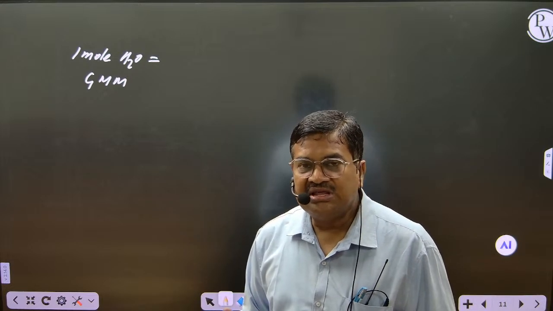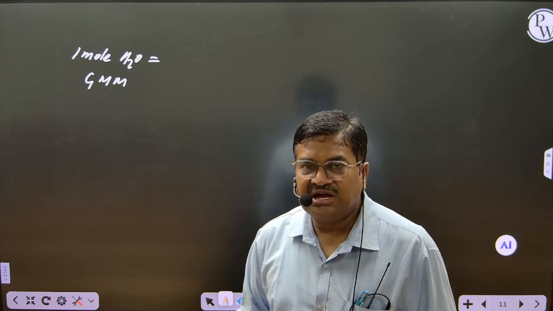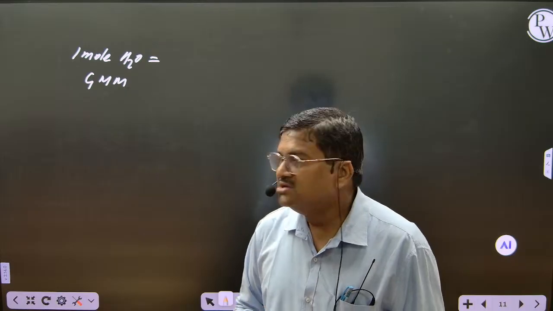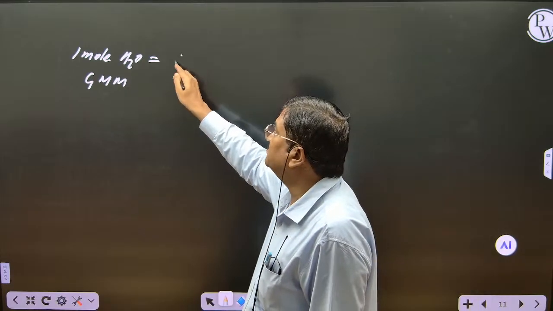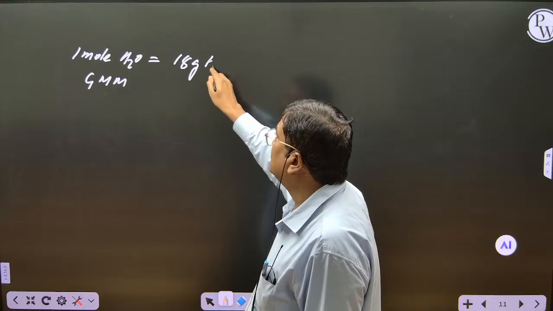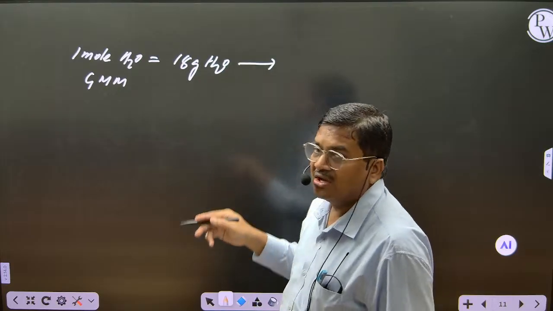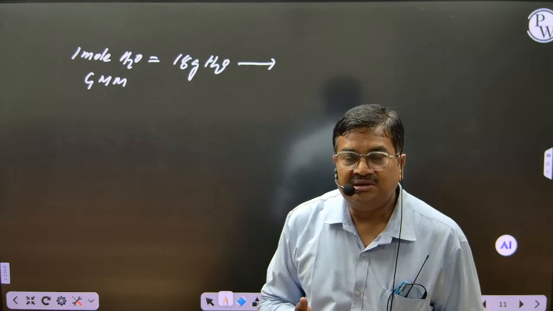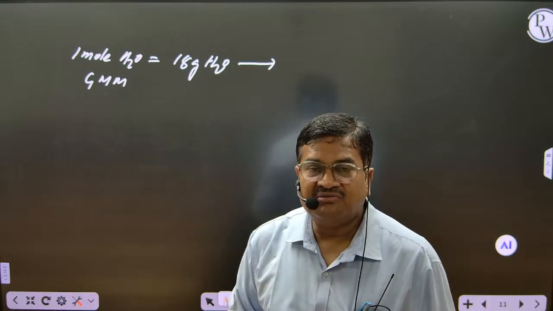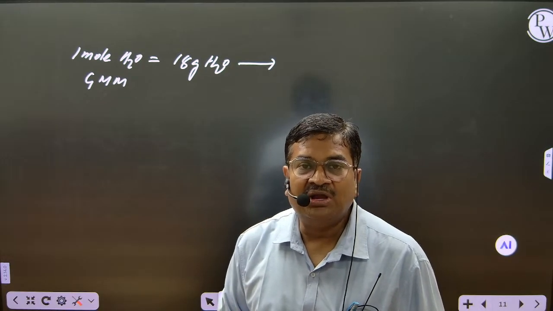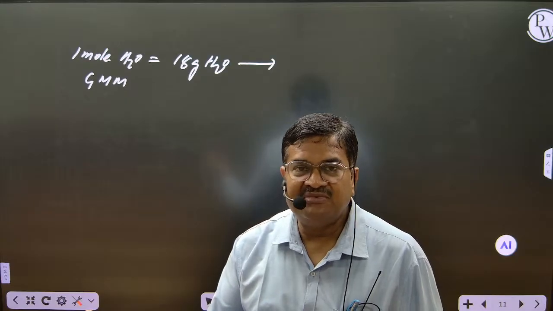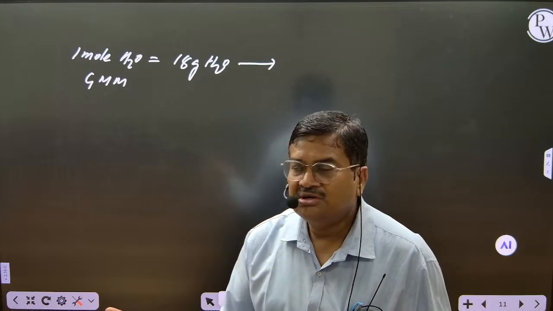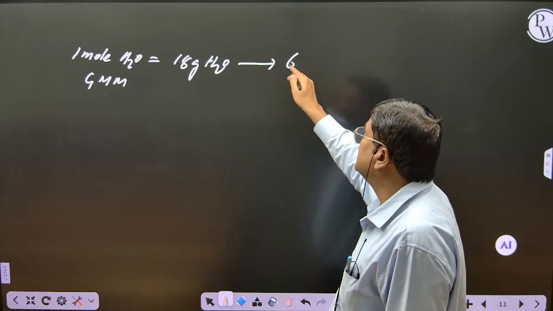What is the gram molecular mass of water? 18 grams, correct? How did we get 18? Algebraic sum. Now in this 18 grams of water, how many molecules will be present? That number will be the same as in 12 grams of C12, no? So what should I write here?